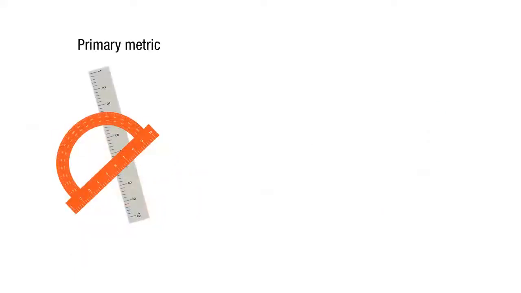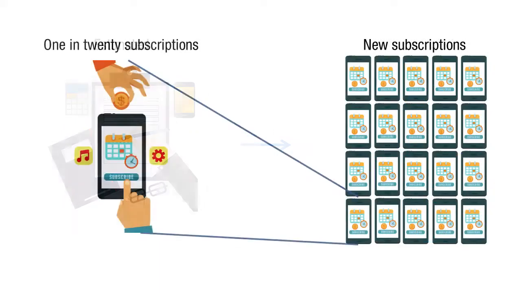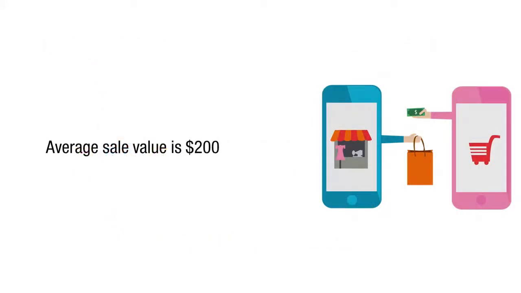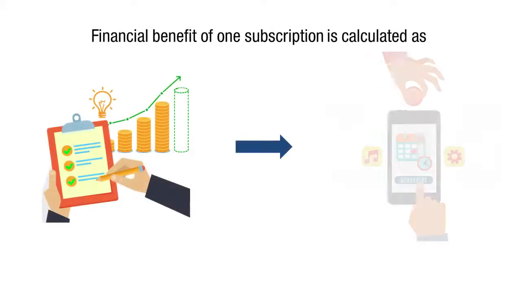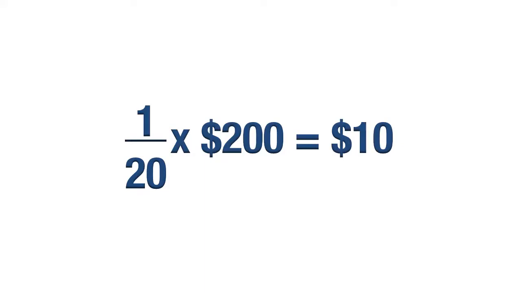If the primary metric is new subscriptions, and it's estimated that only 1 in 20 subscriptions leads to a sale, and the average sale value is $200, then the financial benefit of one subscription is calculated as follows: 1 divided by 20 times $200 equals $10.